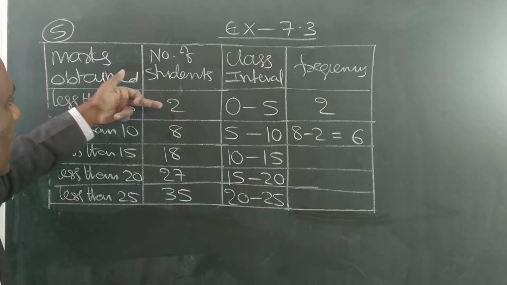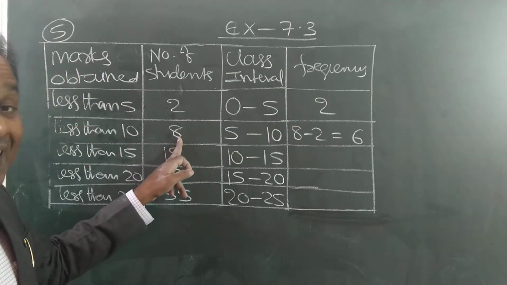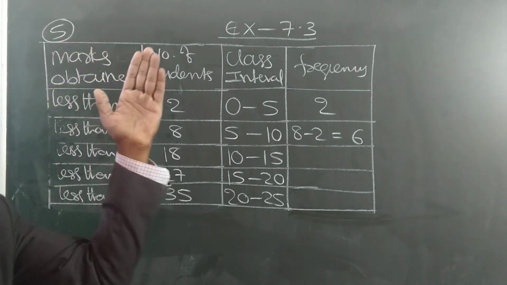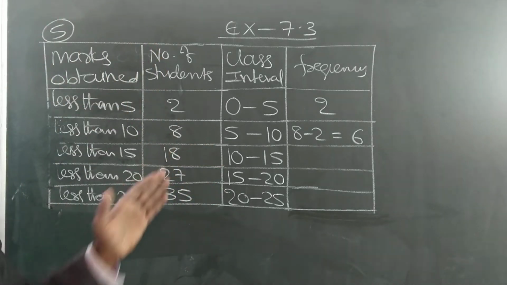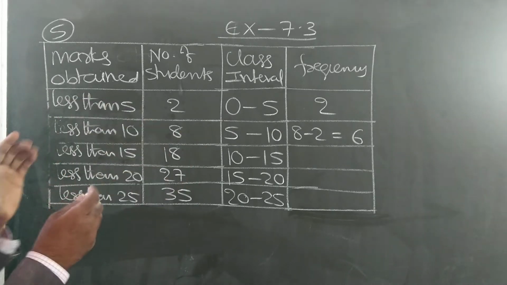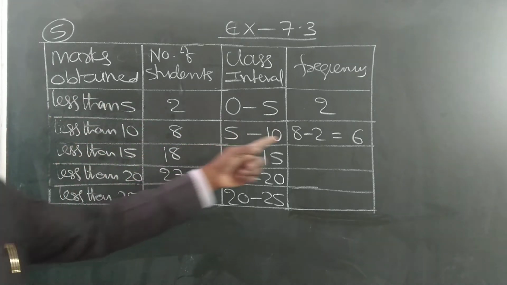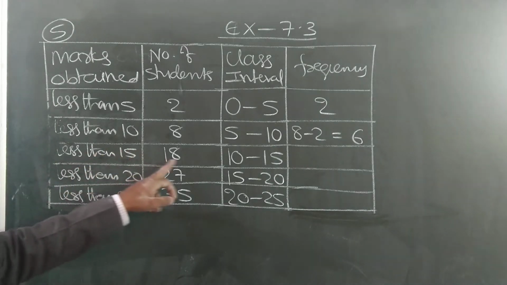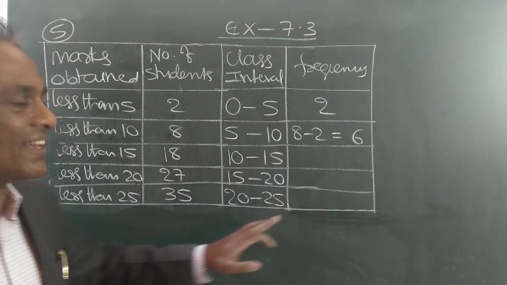Because 2 are already covered here. Less than 10 means from 0 to 10, 8 students. In that, remove 0 to 5, so the 5 to 10 range will be only 6, because the total should be 8, no? Like that.